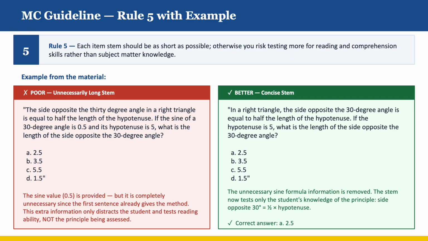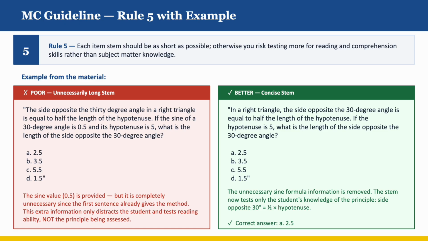Okay, rule number 5. Each item stem should be as short as possible. Otherwise, you risk testing more for reading and comprehension skills rather than subject matter knowledge. So, here's the classic example. The bad version goes something like this.